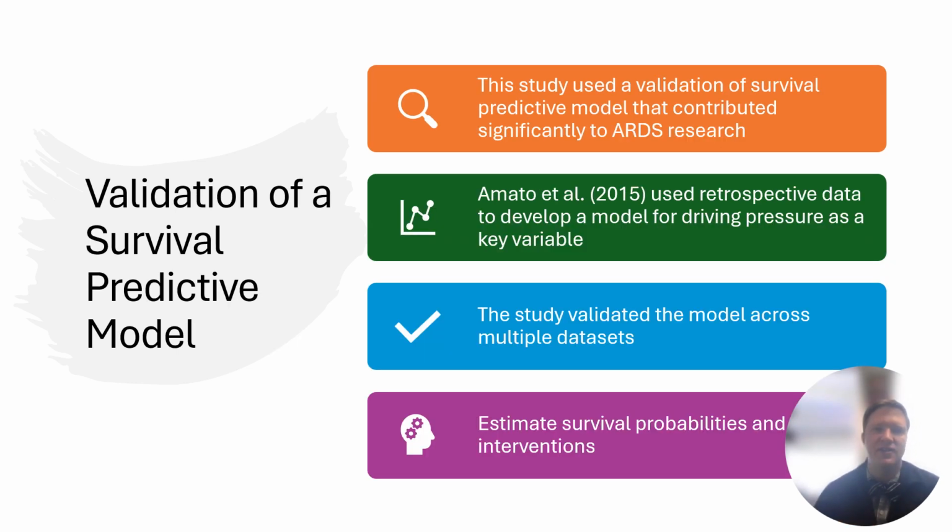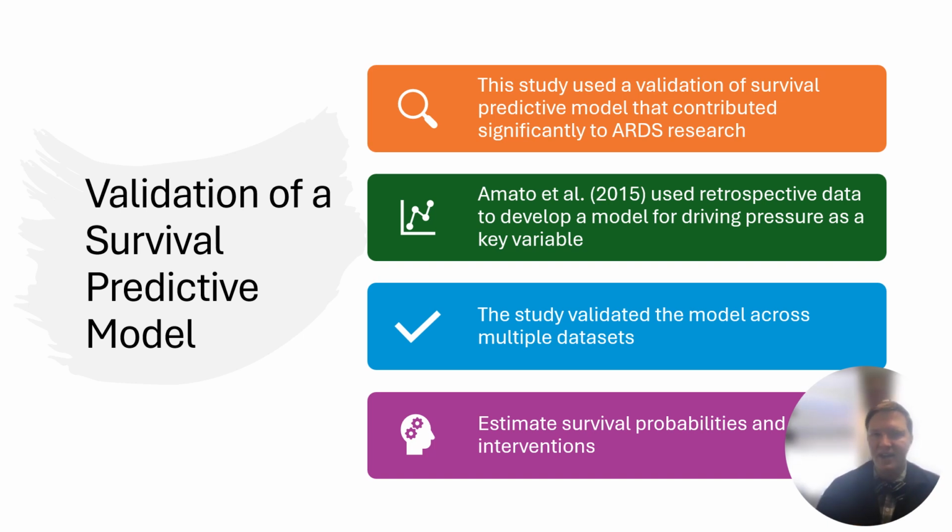So how did they do this? Well, the study used a validation of a survival predictive model in ARDS research. So they used retrospective data to help develop a test model that incorporates driving pressure as the key variable alongside more traditional variables.